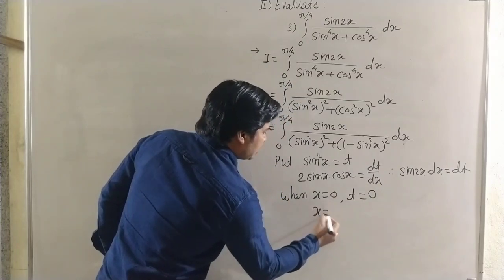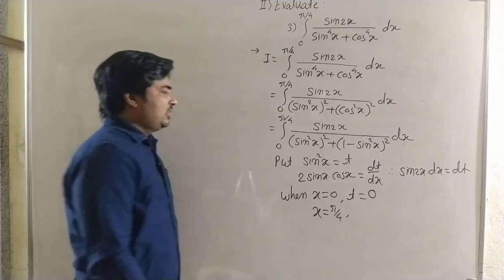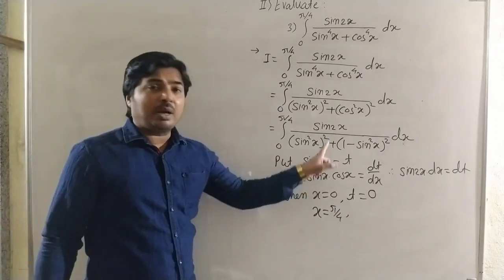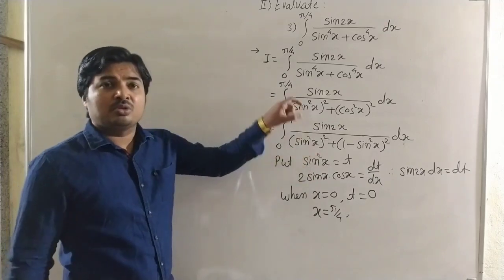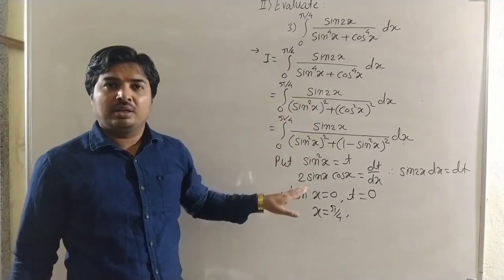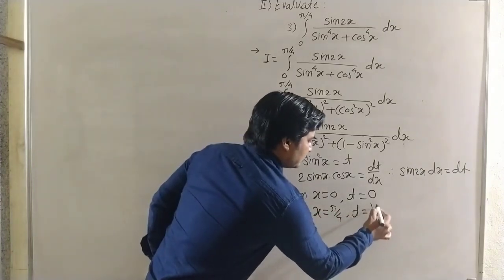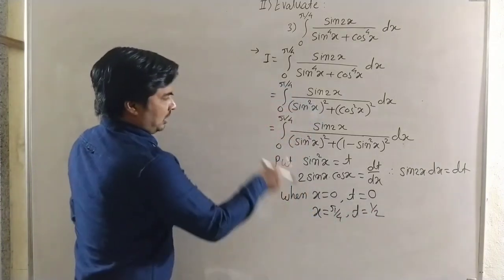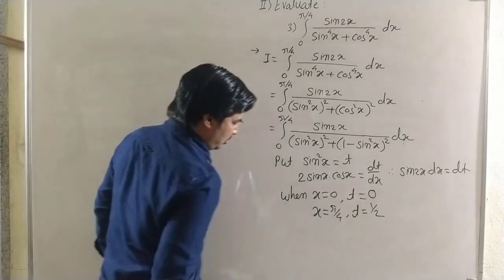When x is equal to pi by 4, it is sin pi by 4, and sin pi by 4 is 1 by root 2, but it is sin square, so 1 by root 2 square is 1 by 2. Therefore t is equal to 1 by 2. Original limit 0 to pi by 4, after substitution it is 0 to 1 by 2.